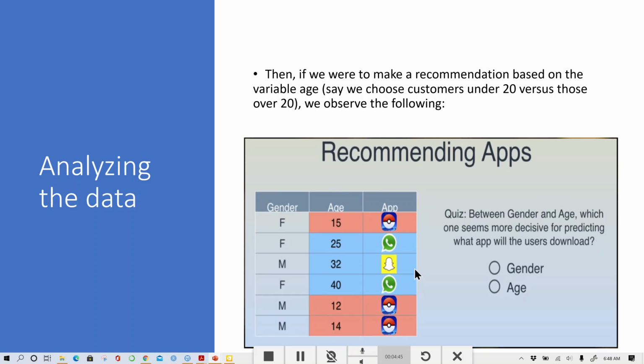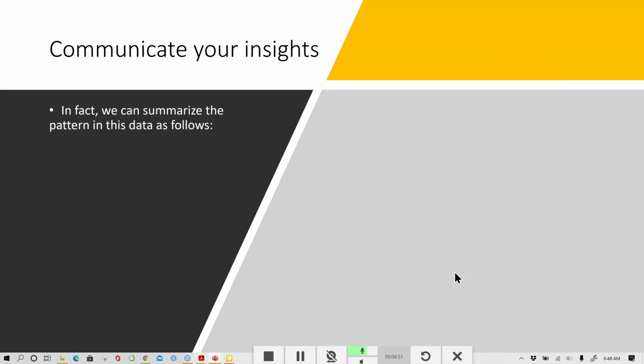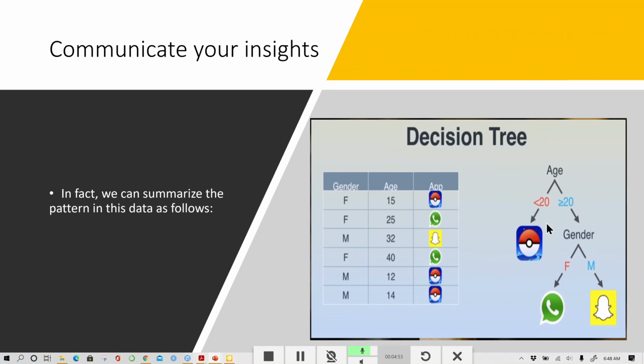either WhatsApp or Snapchat. So with that said, we can summarize the insights in this data by using this decision tree. If a customer is younger than 20 years old, we'll simply recommend Pokemon Go. If the customer is older than 20 years old, then we need more information, and gender can provide that further information to give us the split.